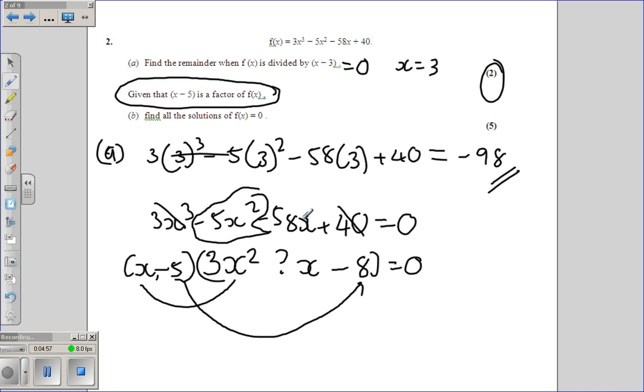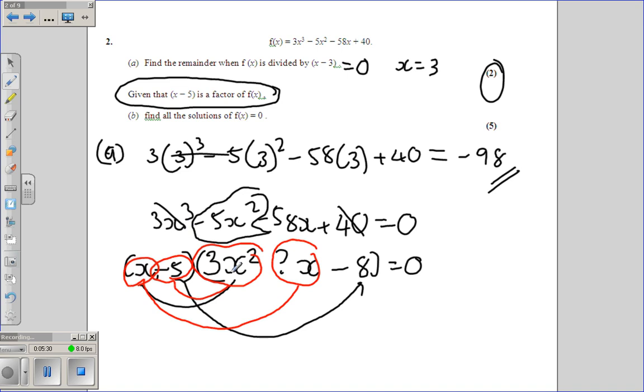Now x squareds can come from these x squareds times the number here, but they also come from the x's times the x's here. If we're going to compare the x's, then there's two places the x's could have come from: the number times this x and that number times that x. But again, we're comparing the x squared.